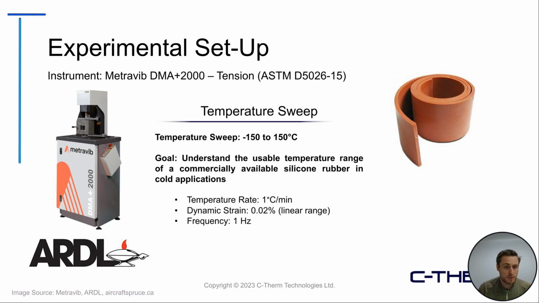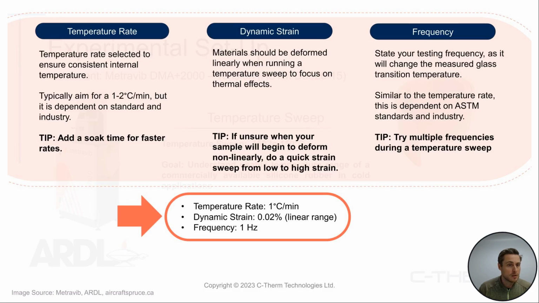The properties we used for this test were a temperature rate of 1 degree Celsius per minute, a dynamic strain of 0.02%, as well as a frequency of 1 hertz. And I just want to clarify the reason why we picked these parameters. For temperature rate, we selected a smaller rate to ensure consistent internal temperature.